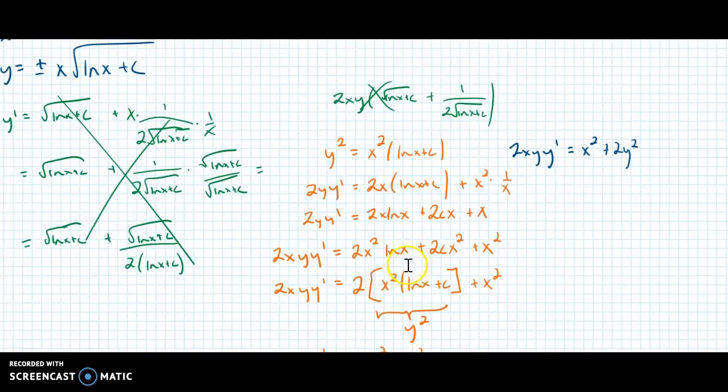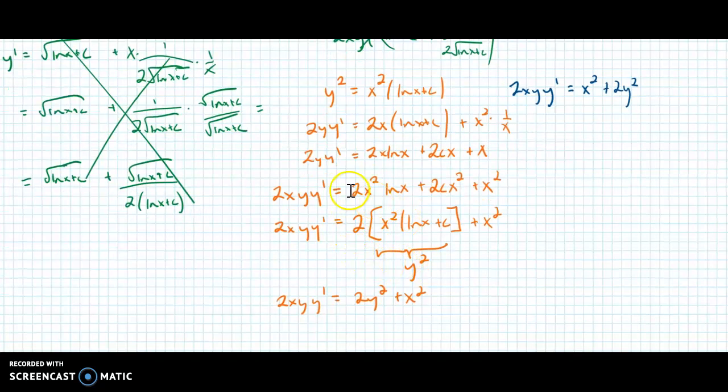It looks terrible, but if I go a little bit further, I say, oh, there's a 2 here, because I'm trying to build this over here. So 2 here, there's an x squared. I can factor it out of each of these terms, and I get x squared times ln of x plus c, like that. And then I said, oh, snap. X squared ln of x plus c, that's y squared.